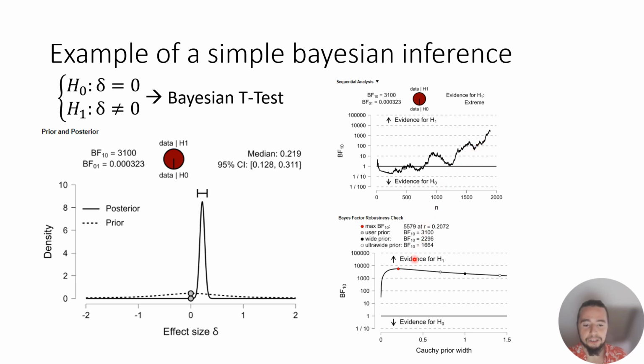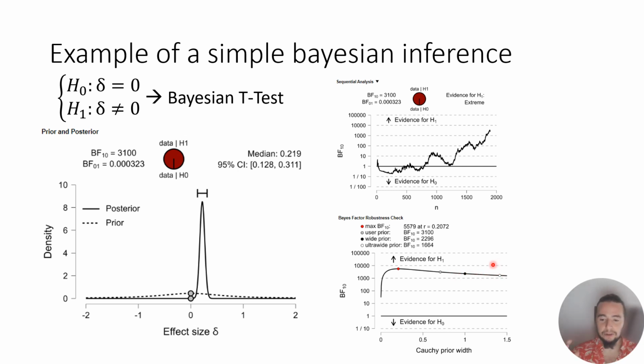And now in the robustness analysis, you can see here that even with a super extremely informative prior, the smallest bias factor that you can obtain is basically around 50. Then it has an enormous increase to a maximum of 5,000. And now, if you start to change the variance of the prior, you can get to the level we specified, that is 3,000, a wide prior of 2,000, and a super wide prior of 1,000.